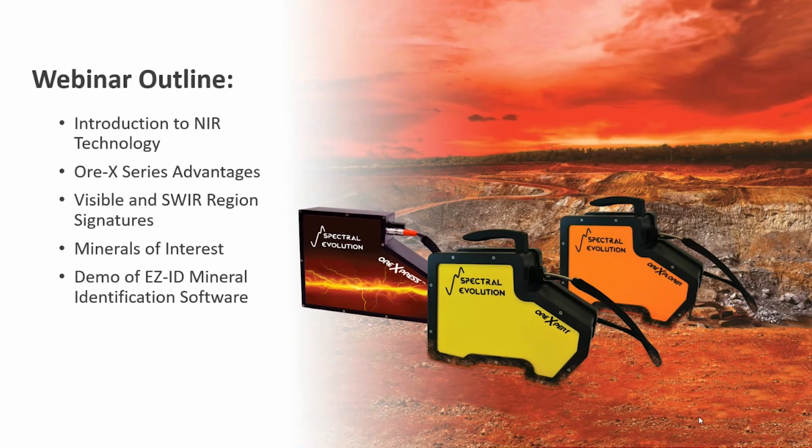We will then take a look at some spectral data and the different kinds of spectral signatures that we might expect in certain parts of the spectrum, along with a section on minerals of interest in the mining industry. And we'll wrap up the webinar by showcasing a demo of our EasyID mineral identification software.